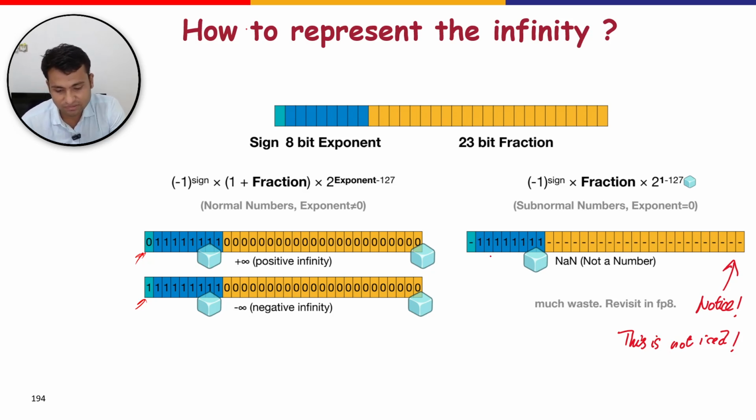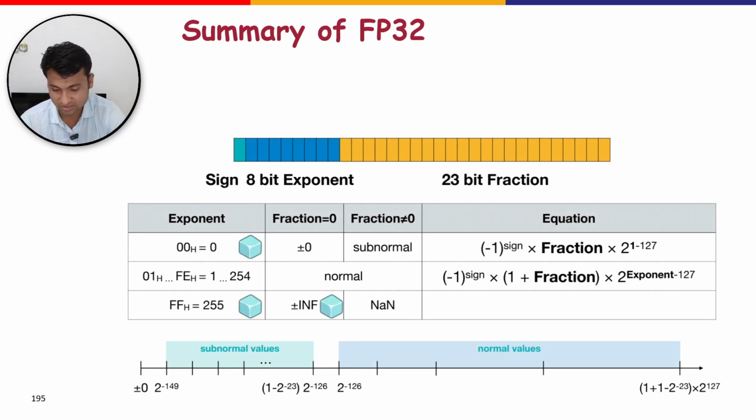Fixing the exponent to all ones is a special case, and if you have any non-zero number in the fraction, it's not a number. So it just checks that if the exponent is all ones and the fraction is non-zero, then it's not a number. So much of this is actually wasted, so many slots are wasted.